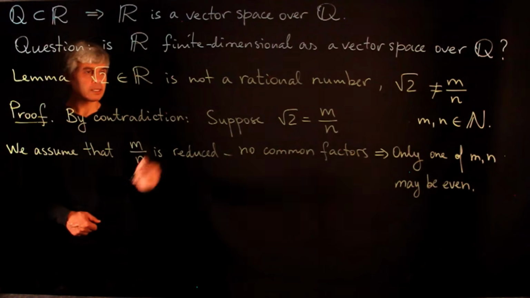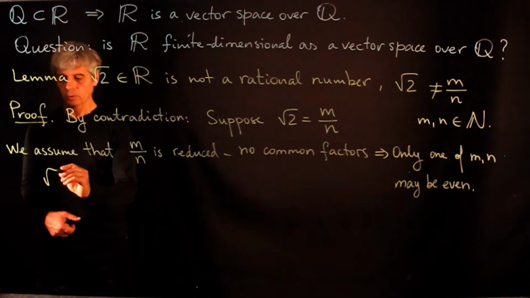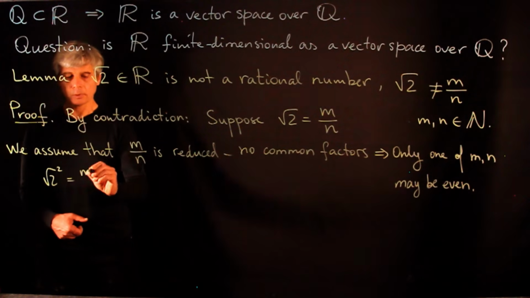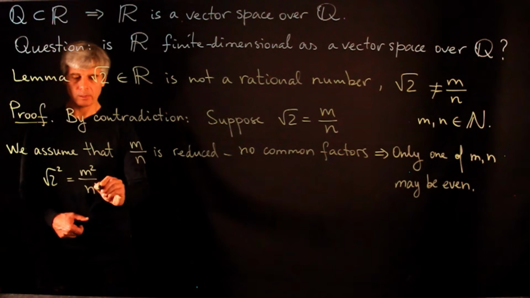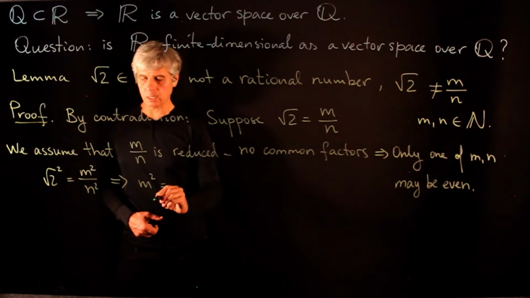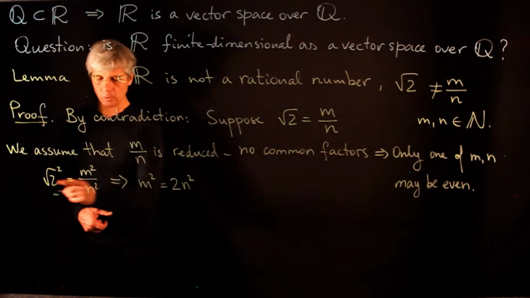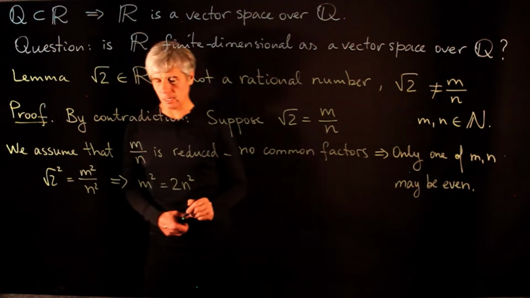So then let us square both sides. So we get square root of 2 squared is equal to m squared over n squared, which implies that m squared is equal to 2n squared. So here we just multiply by n squared.